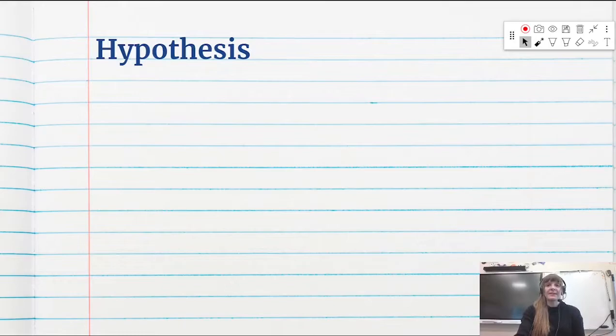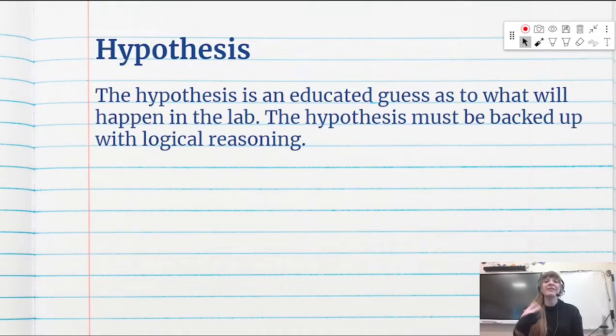Next is your hypothesis. The hypothesis is an educated guess as to what will happen in the lab. The hypothesis must be backed up with logical reasoning, and I'm going to highlight the logical reasoning. You have to have some kind of intuition or some kind of previous data set that you can use to back up your educated guess, your hypothesis.